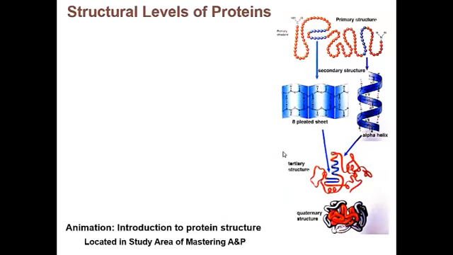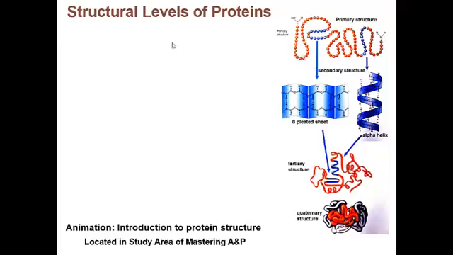Our next slide is showing the structural level of proteins. And when we consider the structural level of proteins, there are four different levels. There is the primary structure. And the primary structure is really simply the amino acid sequence.